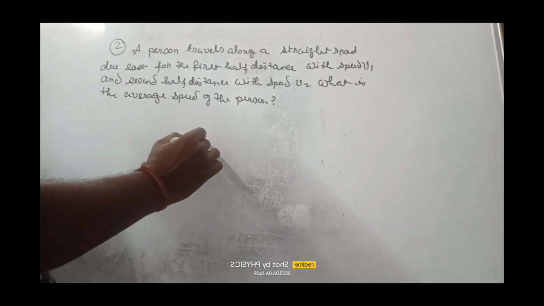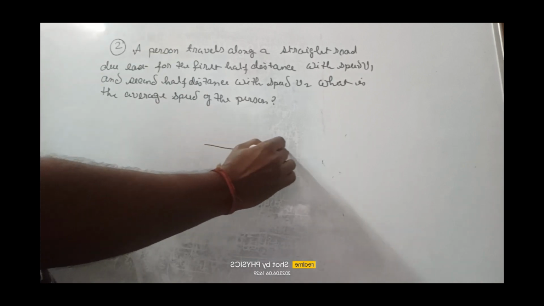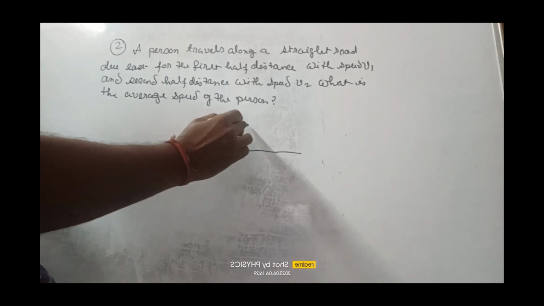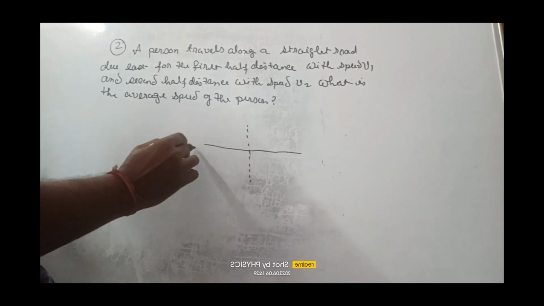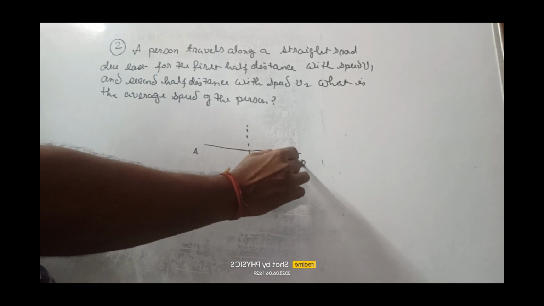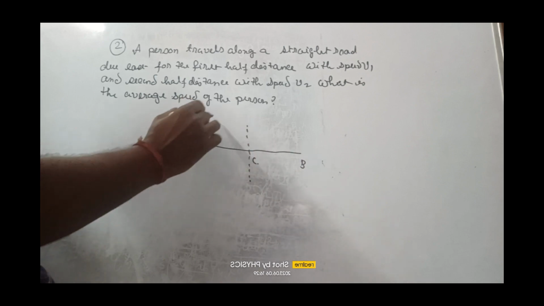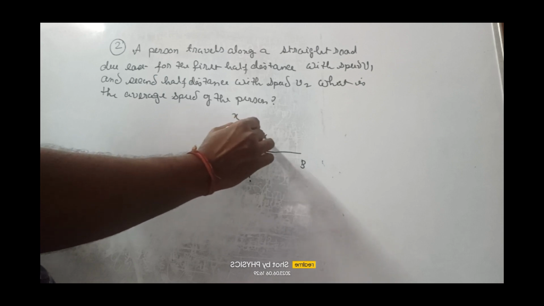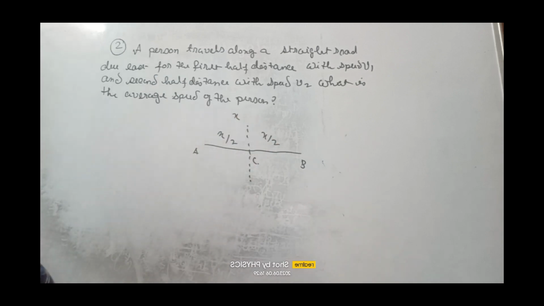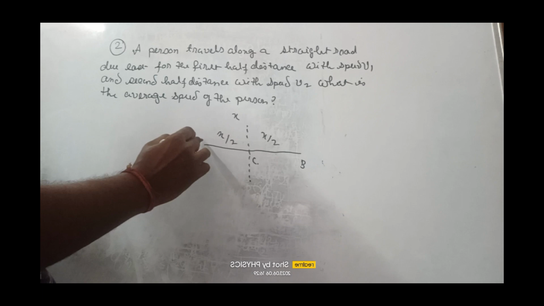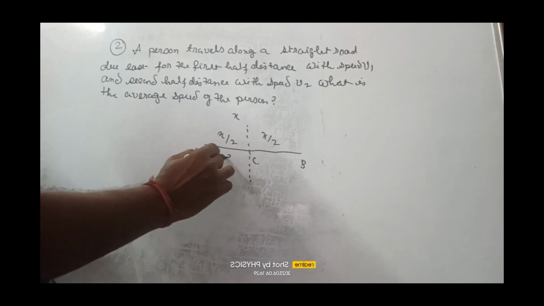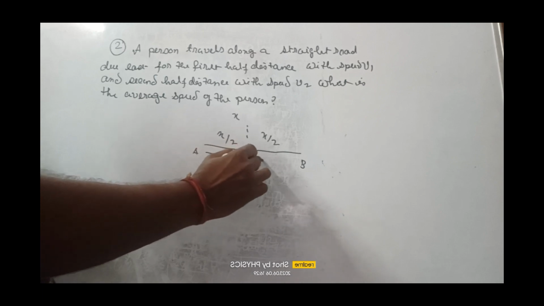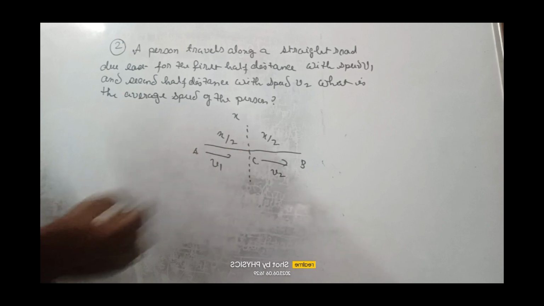Now let's draw a straight path and divide it into equal parts. If total distance is x, then each part is x by 2. First half with the speed of v1 and the second half with the speed of v2.